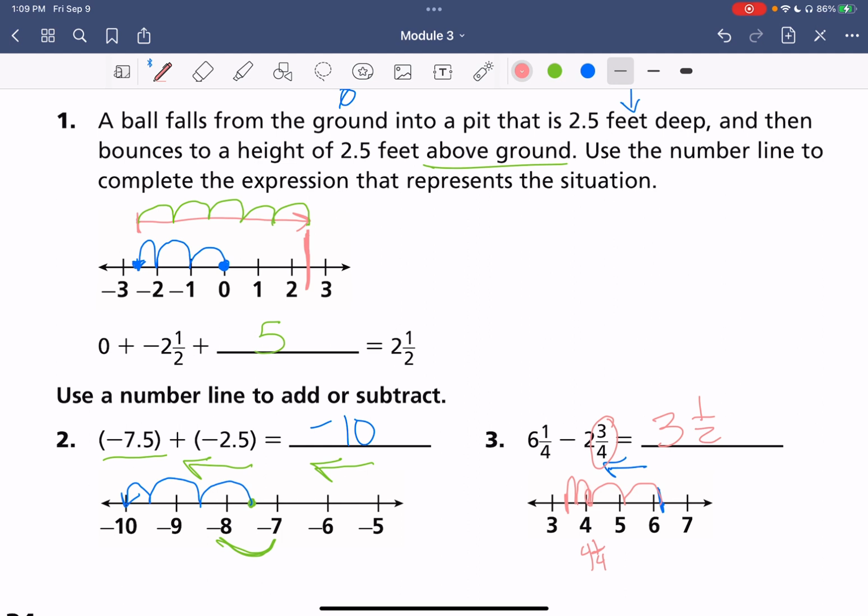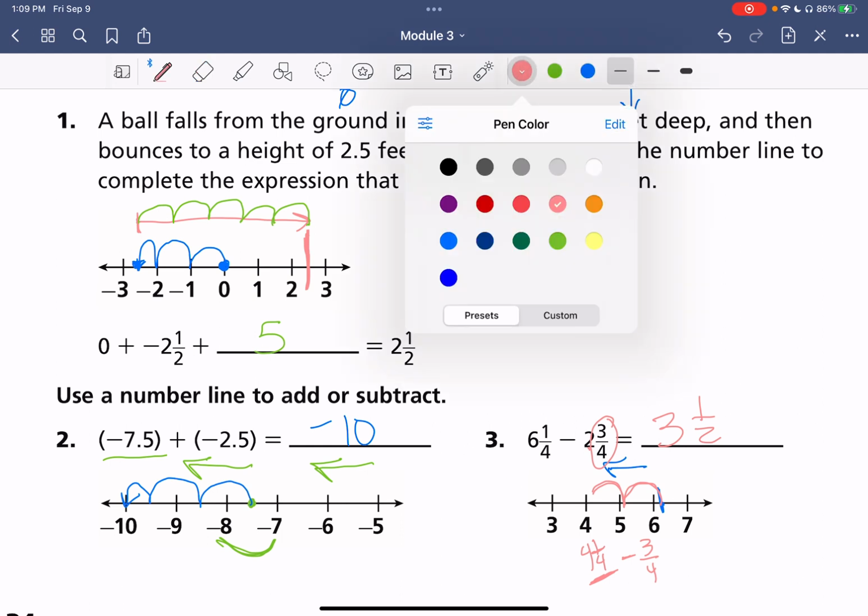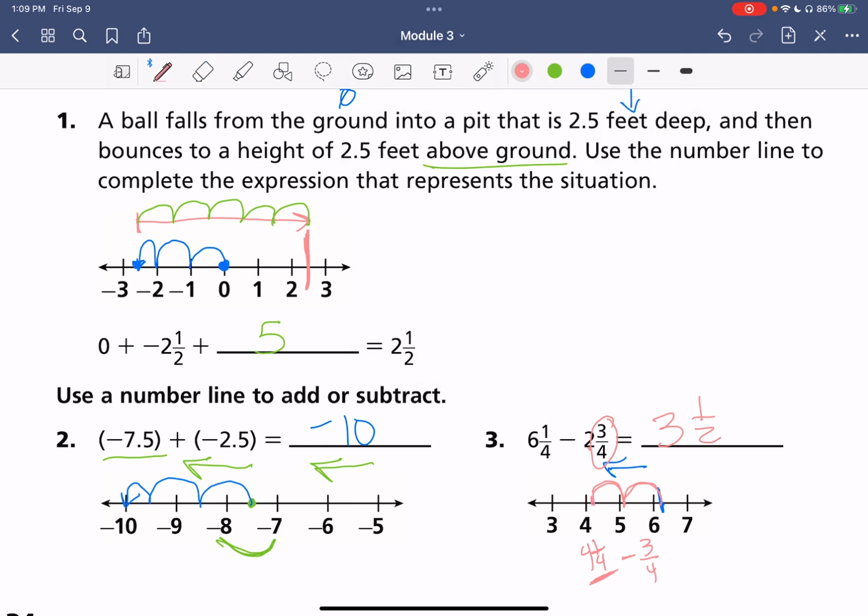Okay, so I did my 2 jumps here. I went 1, 2. I was at 4 1/4, but I still needed to subtract those 3/4. So we did. I'll show you one more time here. So we got to 4 1/4.